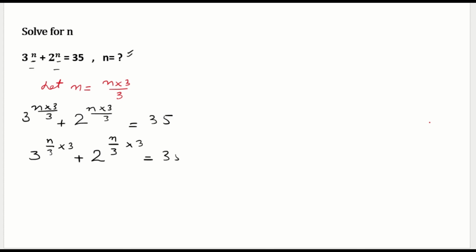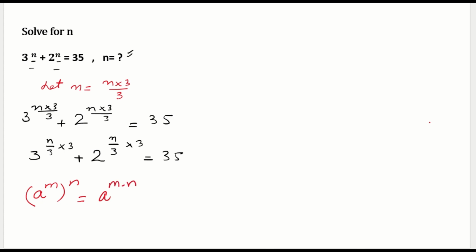So we have a very well-known mathematical rule here, which is (a to the power m) to the power n is equal to a to the power m times n. So we can multiply both powers m and n.